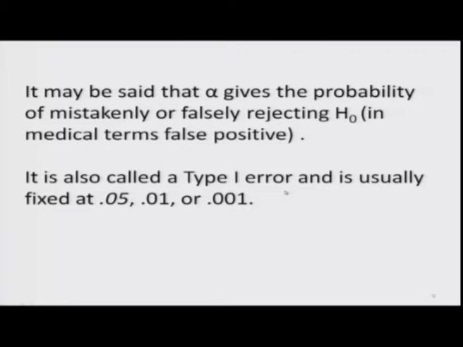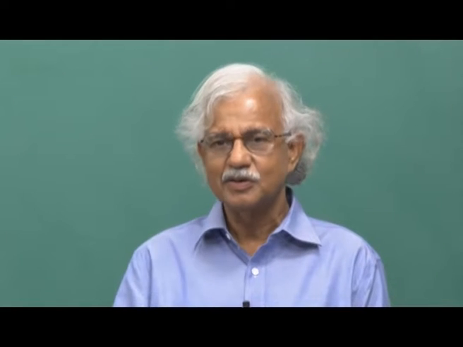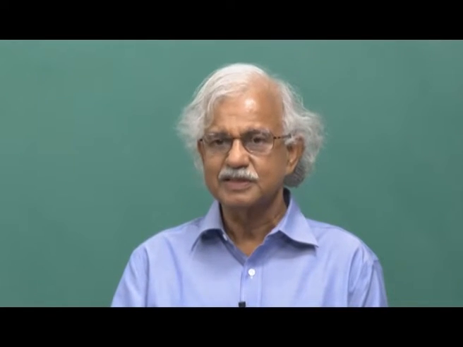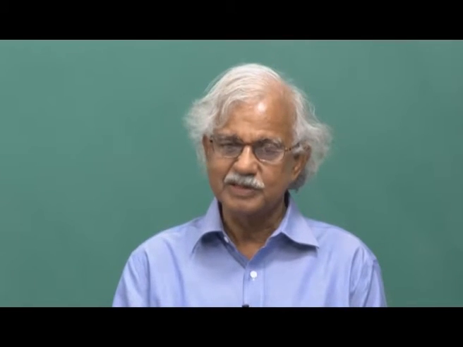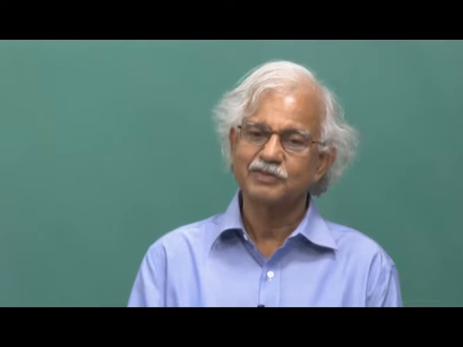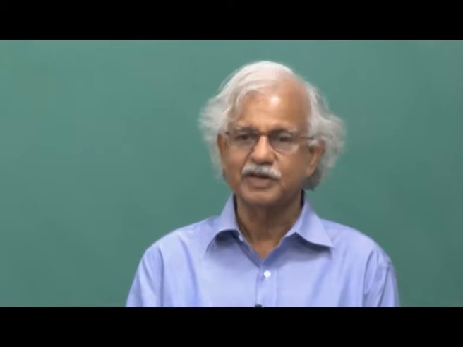There are two types of errors. See, either your null hypothesis is correct or it is incorrect, and on the basis of study of your sample and critical region on the distribution under the assumption of H0 or null hypothesis, you are going to decide whether null hypothesis is accepted or not accepted.